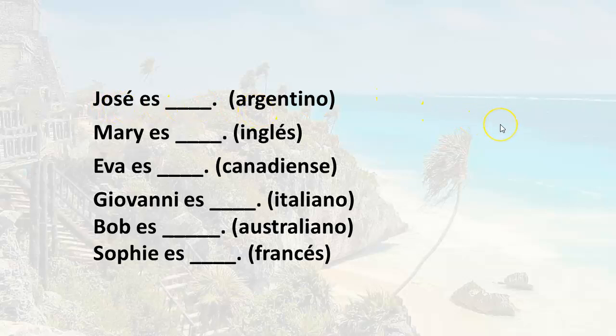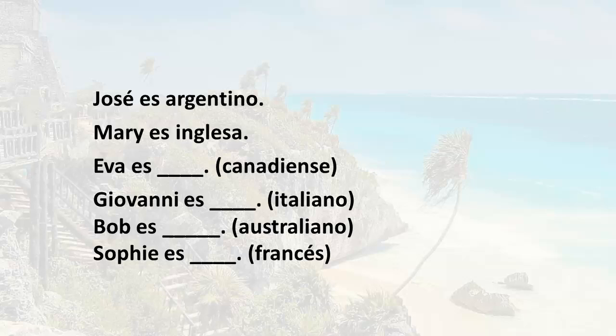So if I want to say Jose is Argentine, I would say Jose es argentino. Mary is English. I have to pick the singular feminine form, so I would say Mary es inglesa. Eva is Canadian. Eva es canadiense. Remember, it's the same, masculine or feminine.